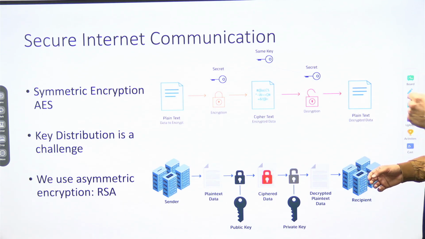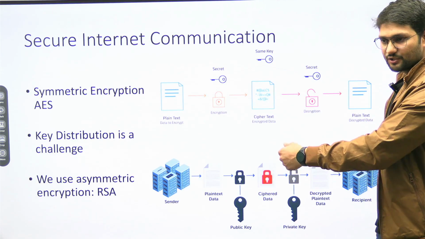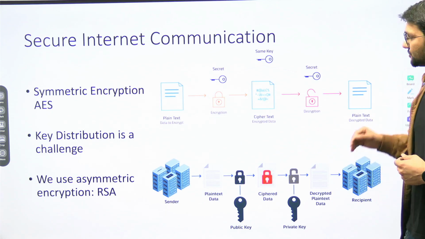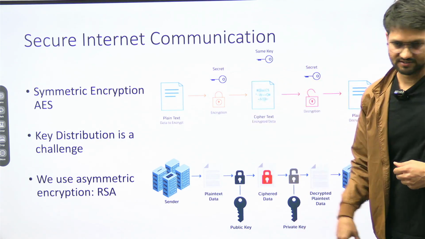So whoever wants to send a message to me will use my public key, encrypt the message, and I can decrypt it only with my private key. And the private key is only with me. So this is the way. When this is done in both directions, you can establish a tunnel in which you can then share the key and then encrypt your message with these AES keys.